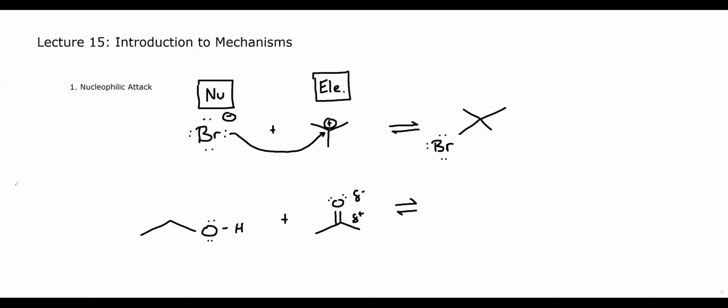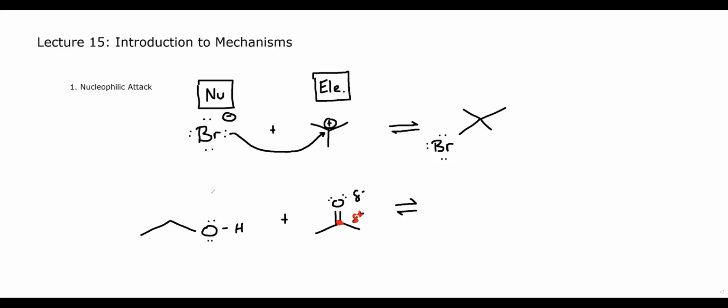I'm going to highlight in red. This red carbon at the base of the carbonyl is partially positive. That pi bond is polarized to the oxygen. The oxygen is partially negative. The carbon is partially positive.